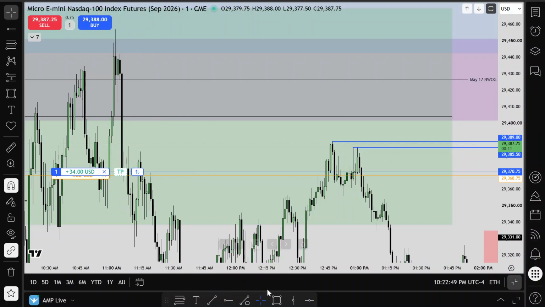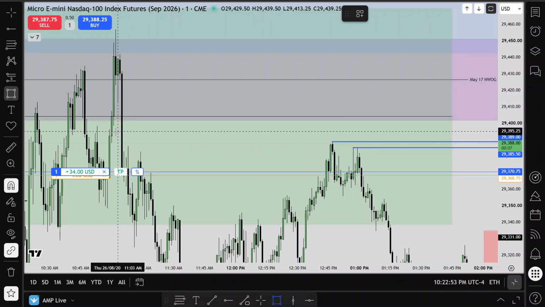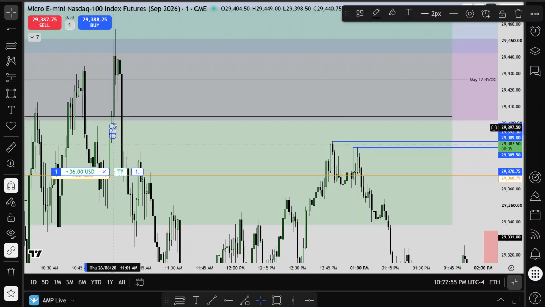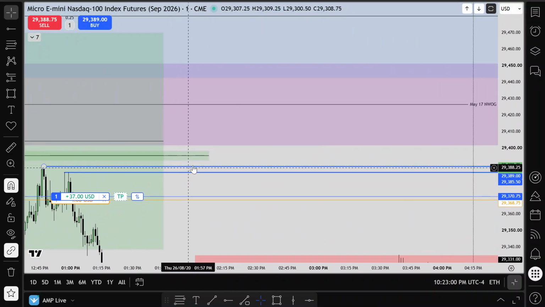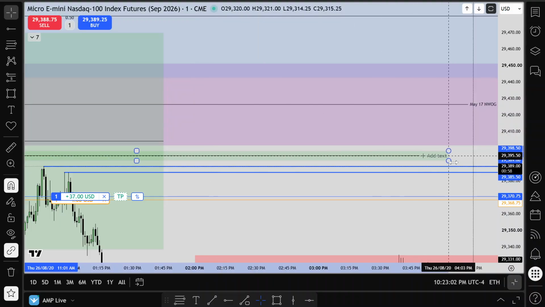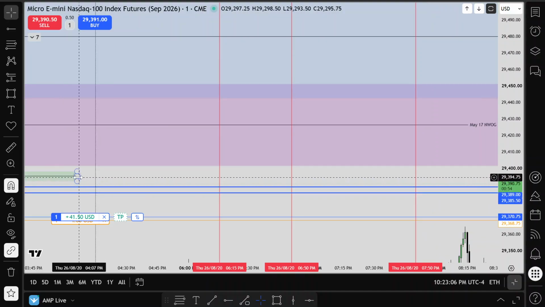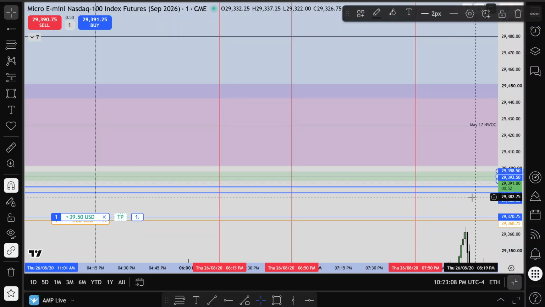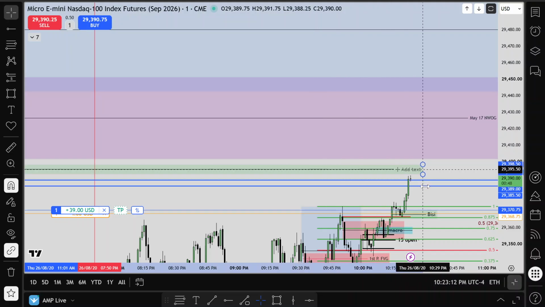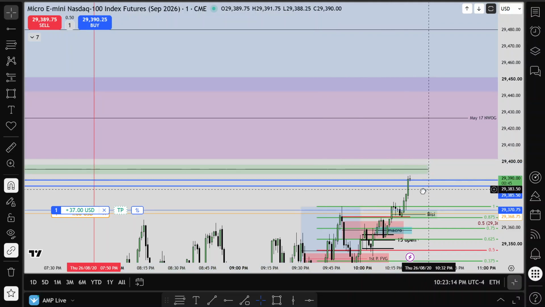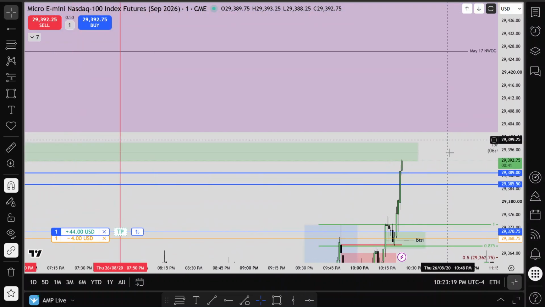And this little guy right here could act as an inversion. So we want to see what that's going to do for us. Okay, so we got both buy sides. You'd think she'd want to get up there to that.